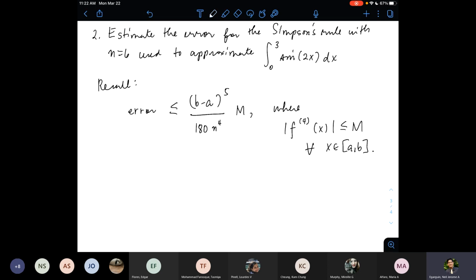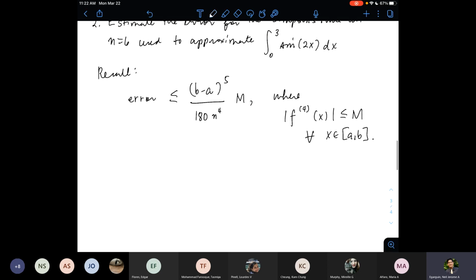Perhaps the hardest part is to solve for m, because a, b, and n, which is 6, are all given in the problem. So the only difficult part here is the value for m.